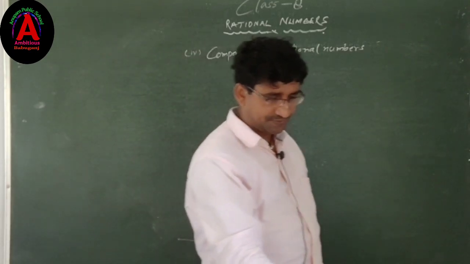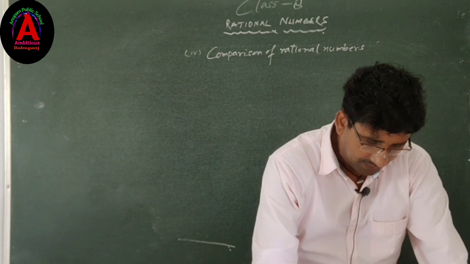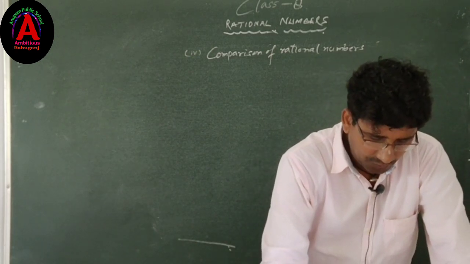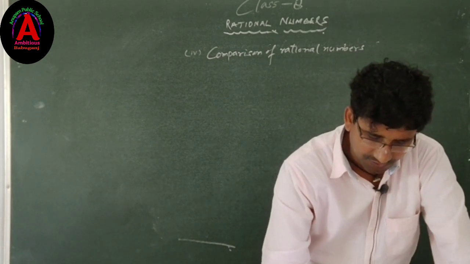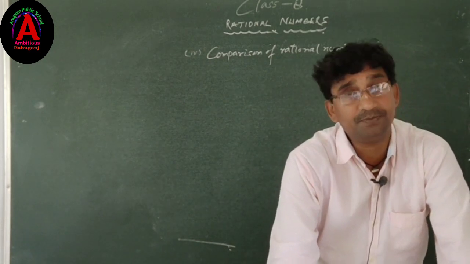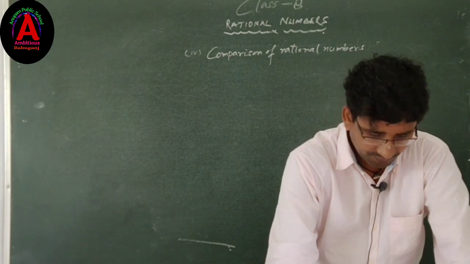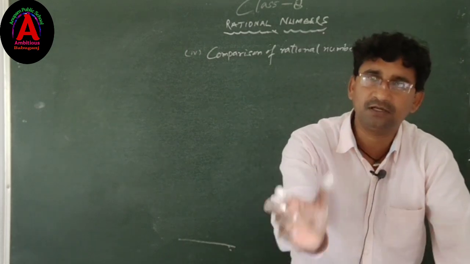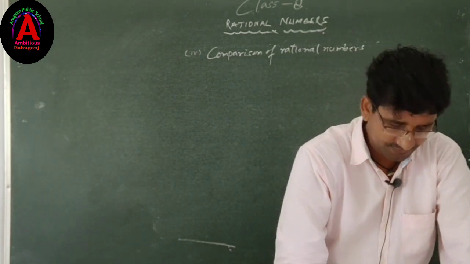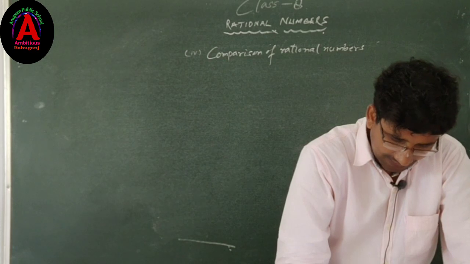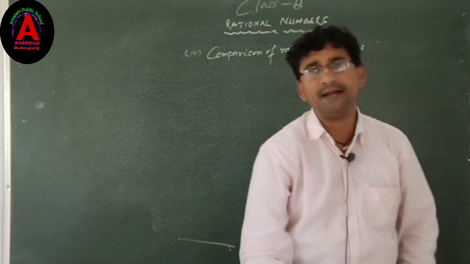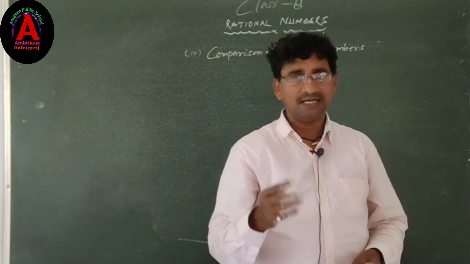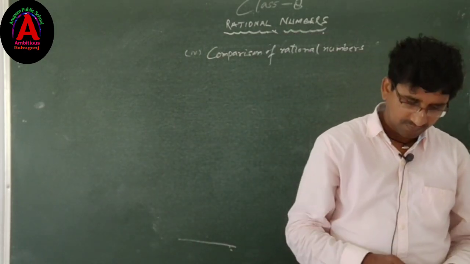As step number one, the two given rational numbers should have positive denominators. Next, we have to take the LCM of both denominators and make a common LCM denominator.